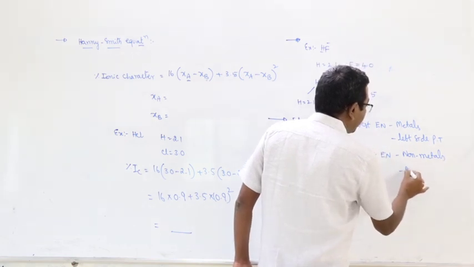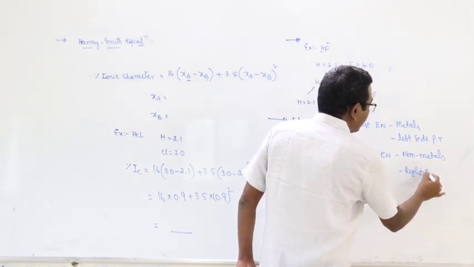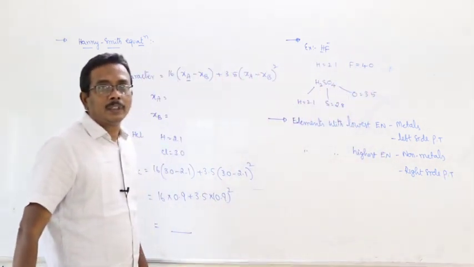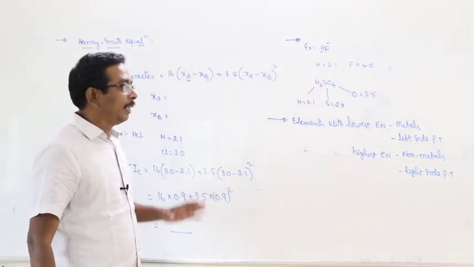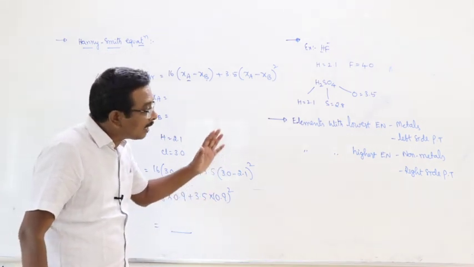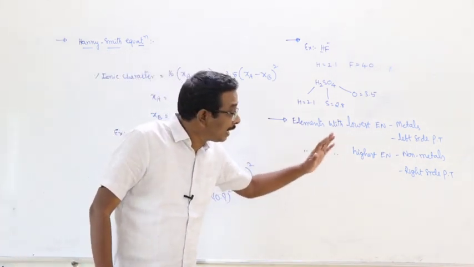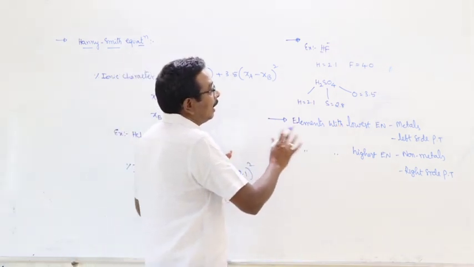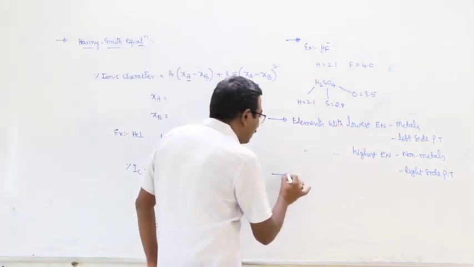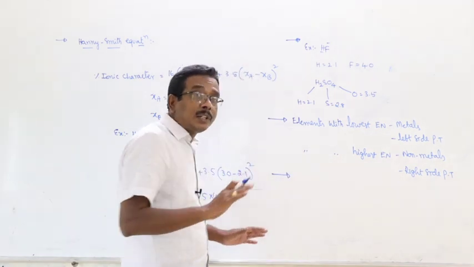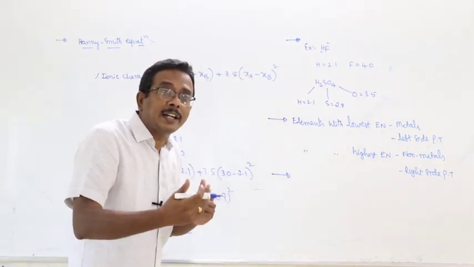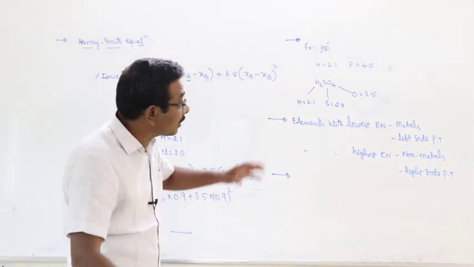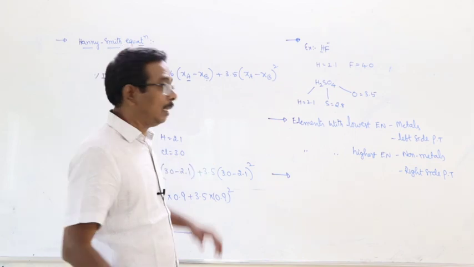They are present on the right side of the periodic table. So, based on electronegativity, we can evaluate the reactivity of the elements also. And finally, based on electronegativity, we can predict the type of oxidation states given by an atom of an element.